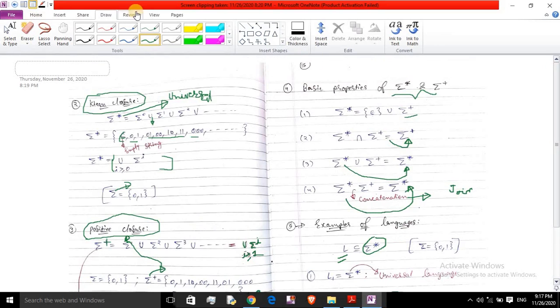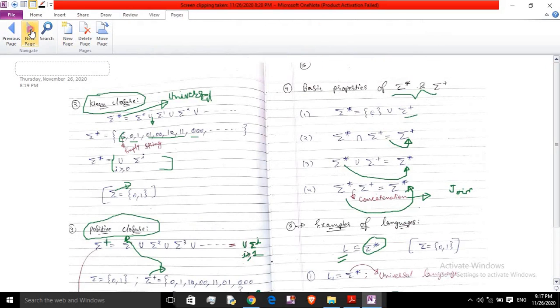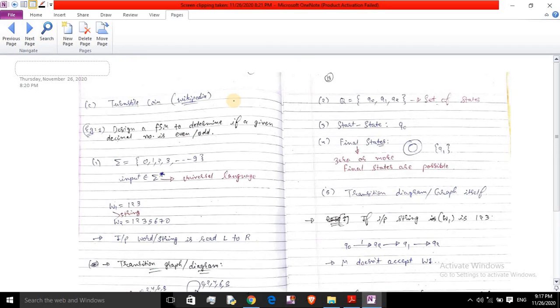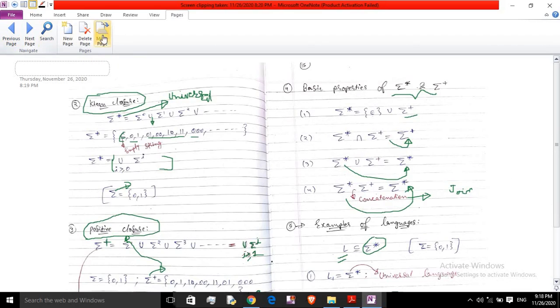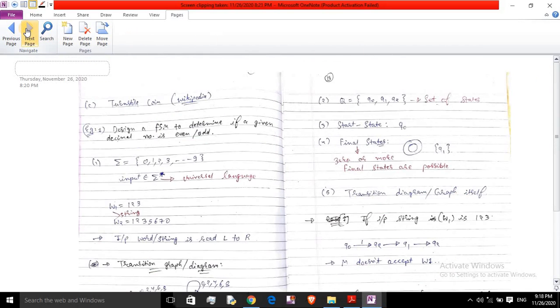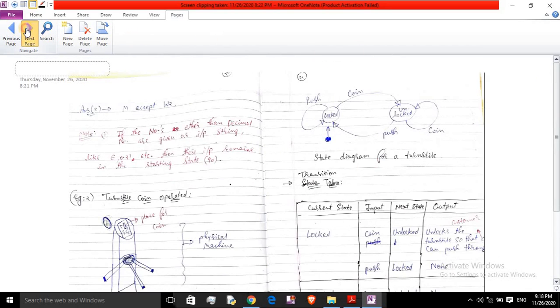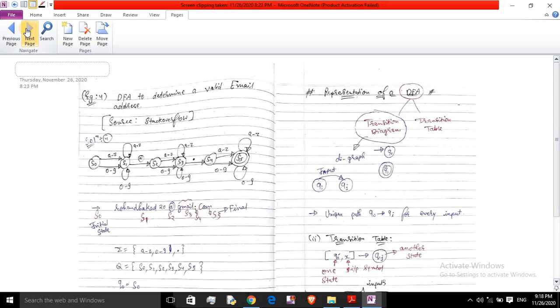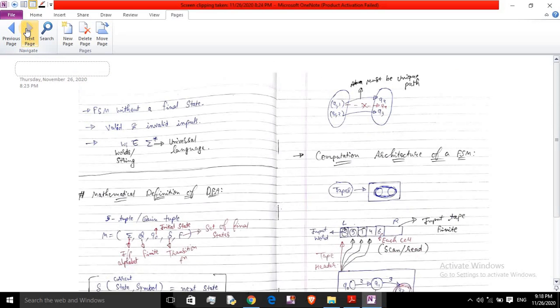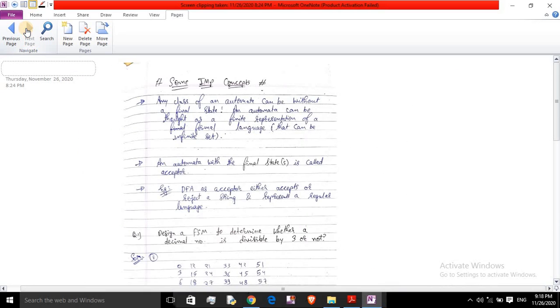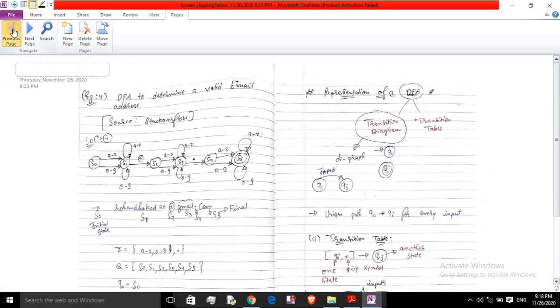Now moving to the next page, it means the next topic. What is it now? Okay, page number 15. Yeah, the next page number is 19. Just wait.